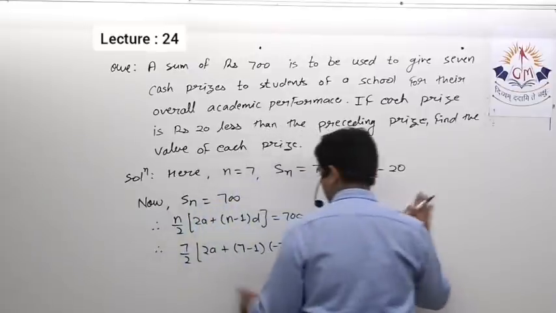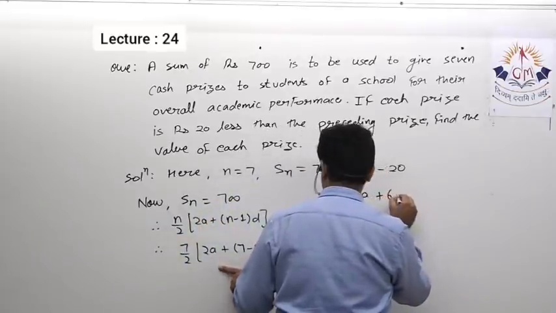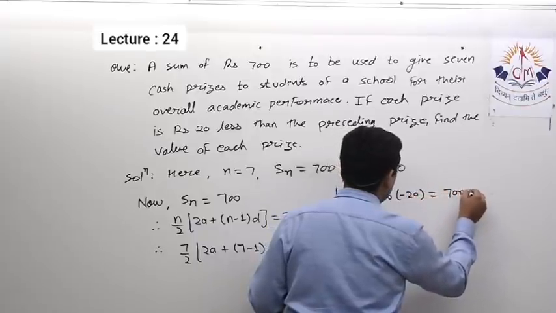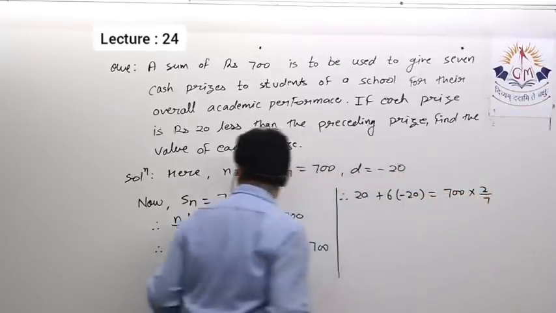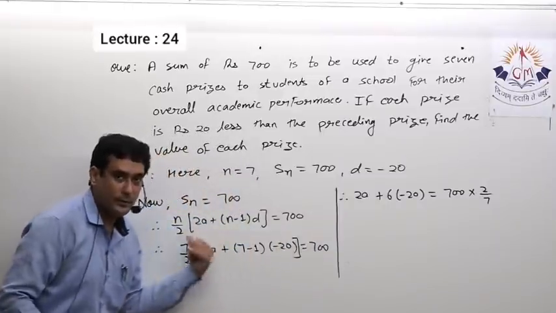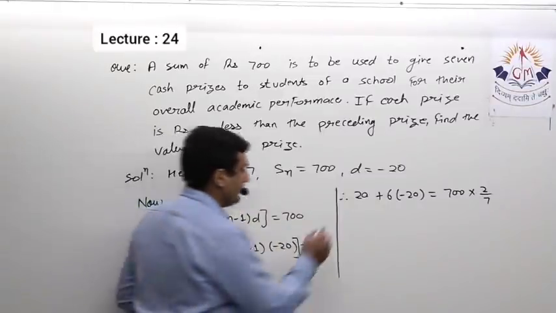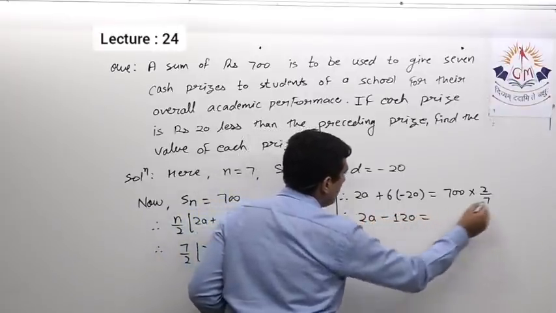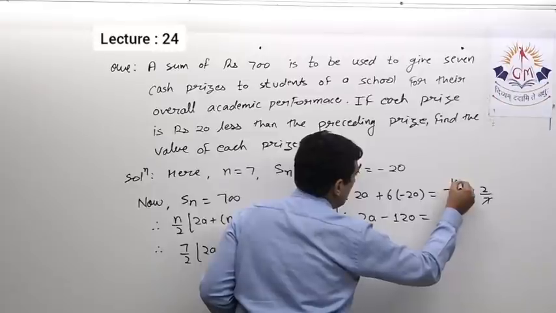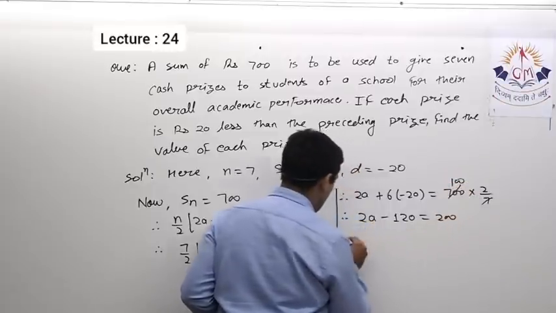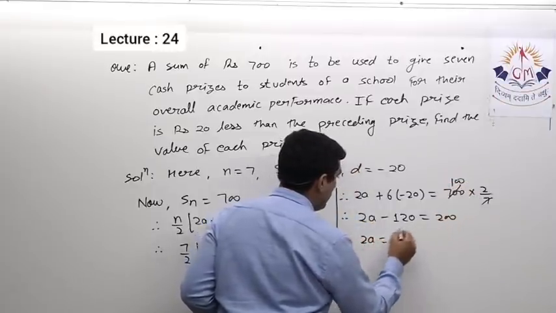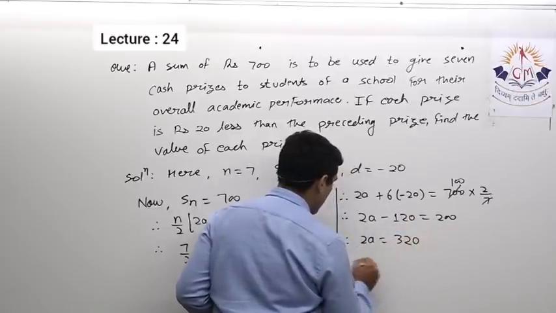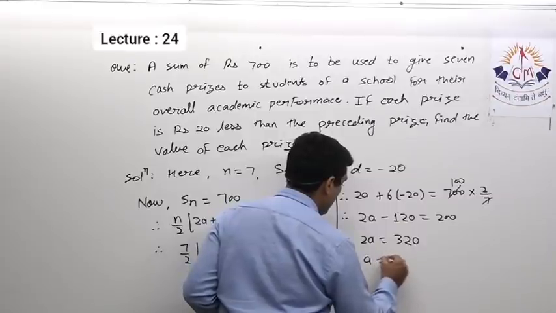So 2A plus 6 into minus 20 is equal to 700 into 2 upon 7. This 2 will be in multiplication, then 7 comes in the denominator. So 2A minus 120 is equal to 200. Therefore 2A is equal to 200 plus 120, that is 320. Therefore A is equal to 160.